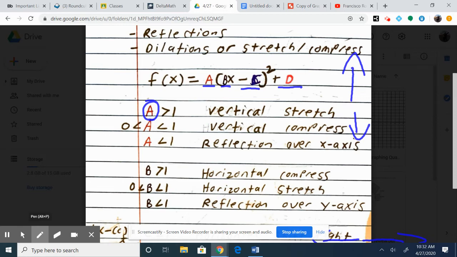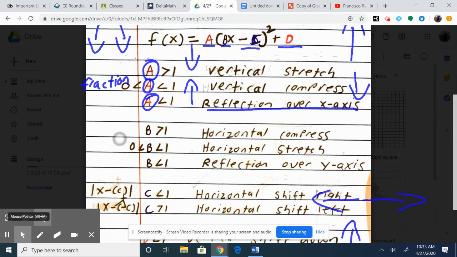If our A is between 0 and 1, meaning that it's a fraction, we are going to vertically compress, meaning we are going to go inward. And of course, if we have a negative, that means that we are going to reflect. And we already kind of knew this, meaning that our graph will be looking down instead of up. So we already knew some of that stuff.